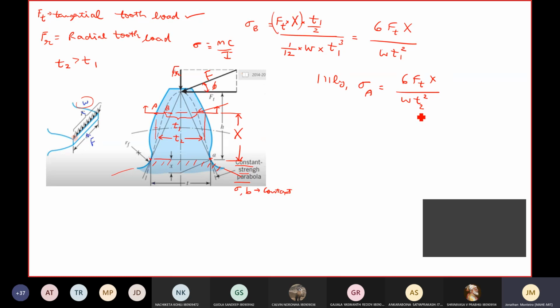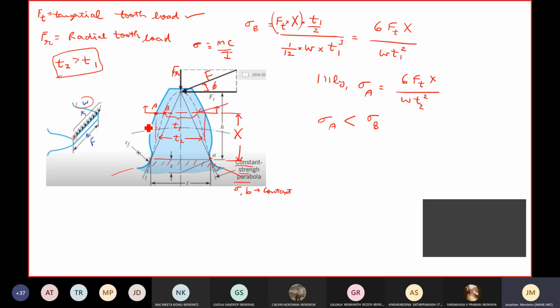Fine. Now we know that T2 is greater than T1. Which will be more, sigma A or sigma B? Mathematically, which will be more for the same amount of load Ft? Sigma B. Yes, sigma B will be more. Sigma B will carry the more severe load, and sigma A will have a lesser load.